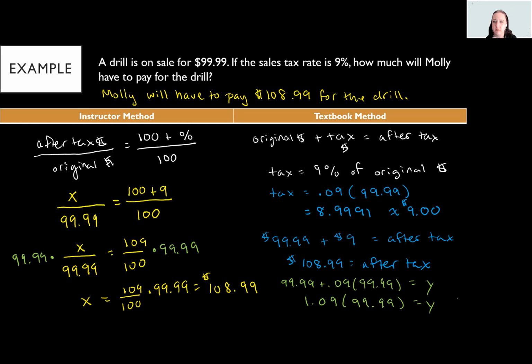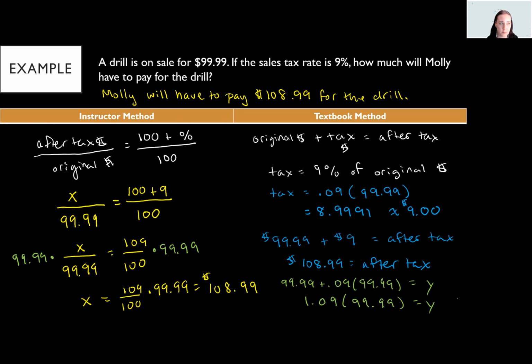So they'll try to do something similar and just do subtraction instead of adding. But they'll still multiply whatever their price is by the percent and then try to subtract it off. It doesn't work that way. Percentages don't work that way, and you will get the incorrect answer.